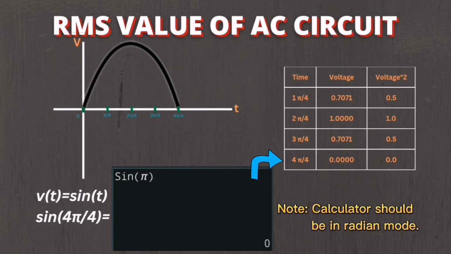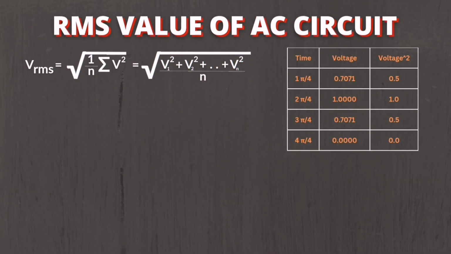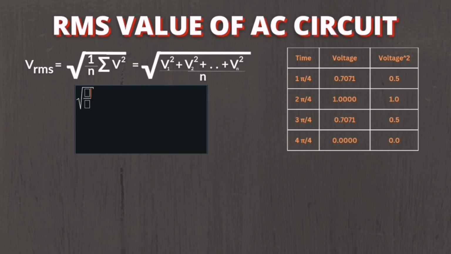Then the square of the voltage is 0. So to solve for the RMS, we have RMS is equal to square root of the summation of V squared divided by the number of voltage squared values. Using the 4 voltage squared values we solved, we will have square root of 0.5 plus 1 plus 0.5 plus 0 divided by 4, which will be equal to 0.7071.